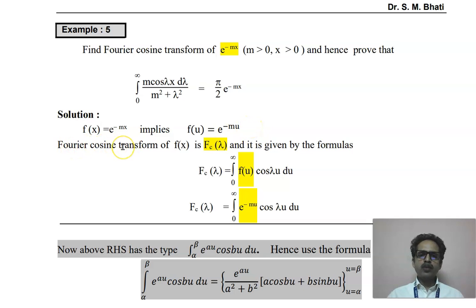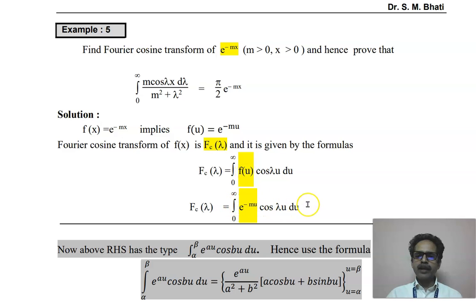The Fourier cosine transform of the given function f of x is capital epsilon lambda, given by this formula. This is equation 2a, where we have to put the value of f of u. You can see above, f of u is e raised to minus mu, so put that value here.